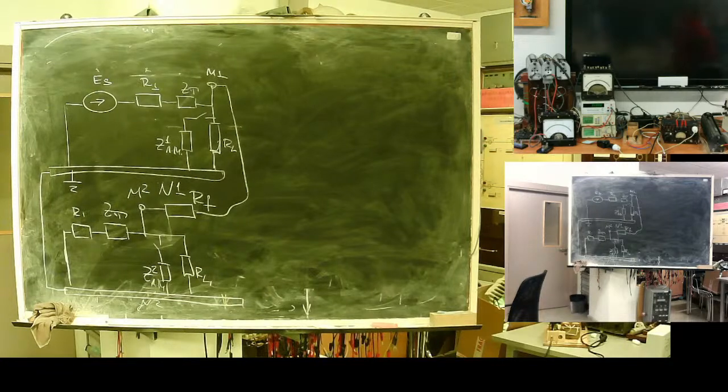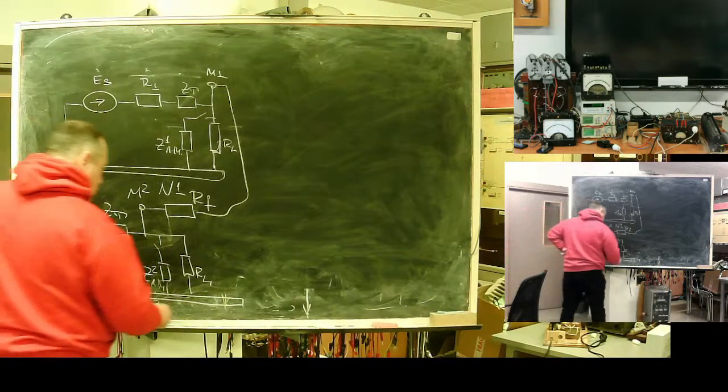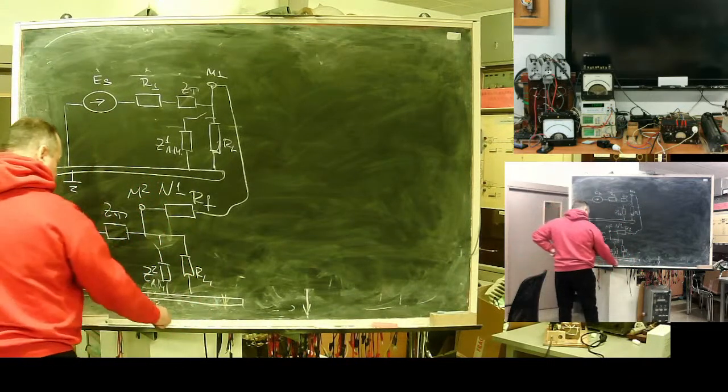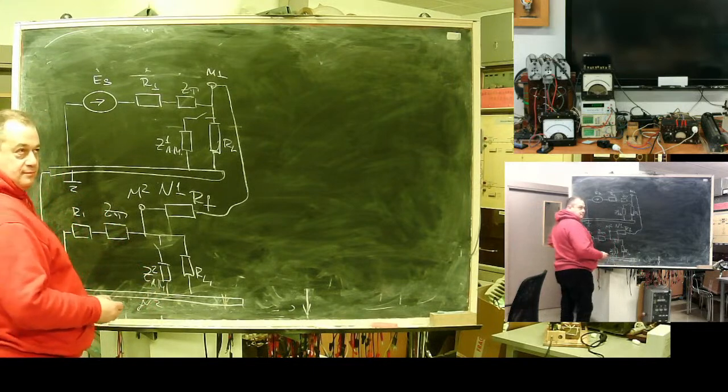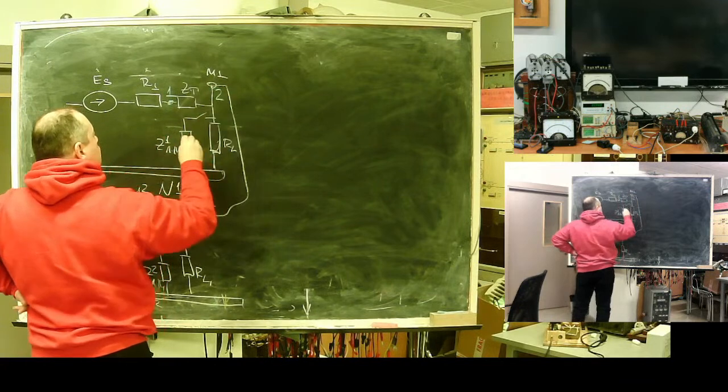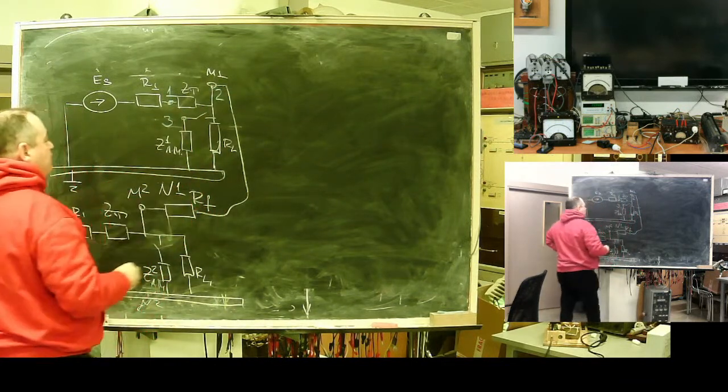This is a mimic for a line-to-line fault at the client side, from the distribution network perspective. What do we need now? We need to put a node. Node 1, node 2, this will be node 3.